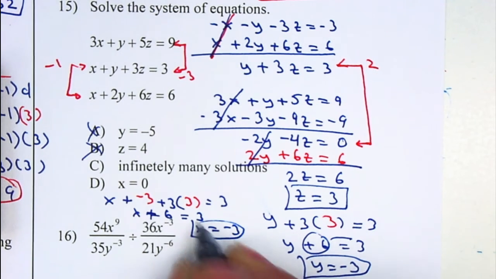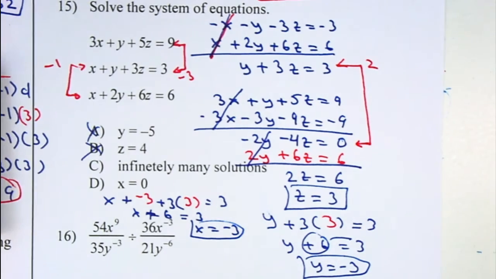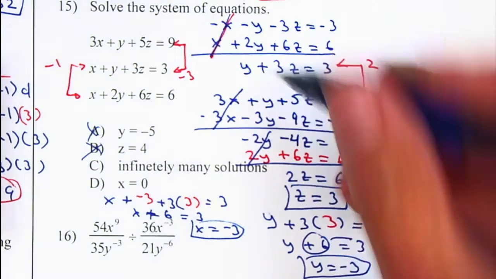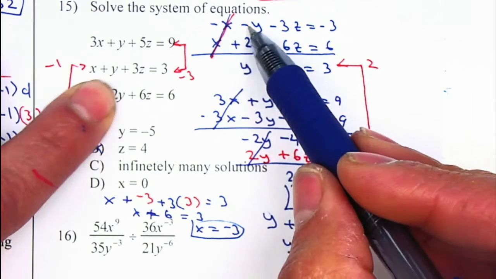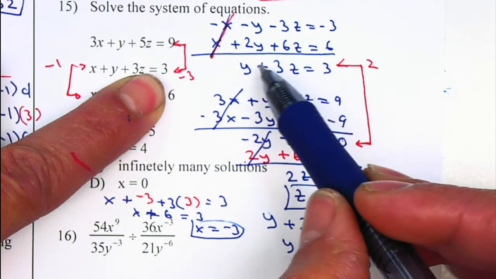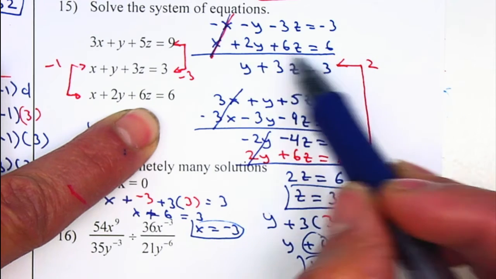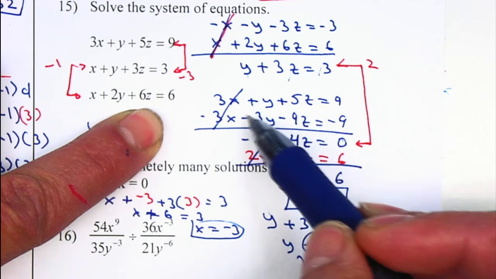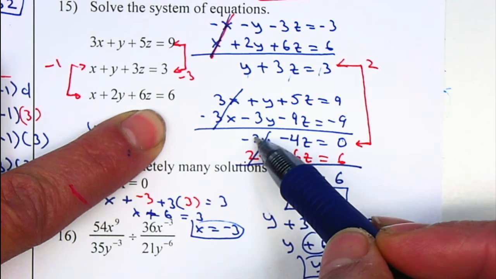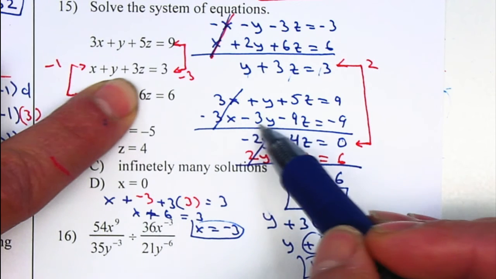Now, I made a mistake somewhere in here, so I need to find it. You always need to go back and check your work. So in this case, multiplying by negative 1, that's fine. That's copied correctly, that's fine. Multiply by negative 3, it's fine.